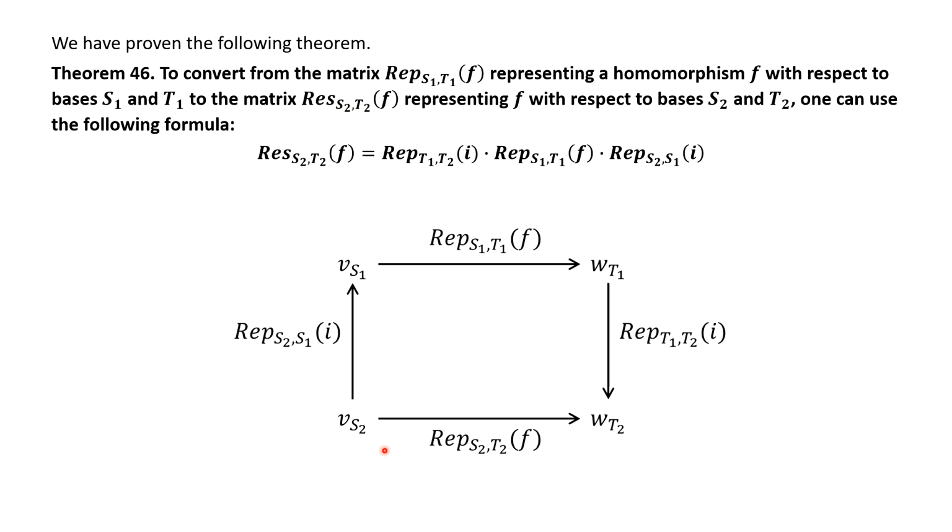One is the direct path here, the other one is here, here, and here, which I've written out here. And again, the reverse order is because you multiply all this on the left of the vector. So first you apply this to v sub s2, and then this, and then this. And so that's the two different paths. So nothing different here from the previous slide.